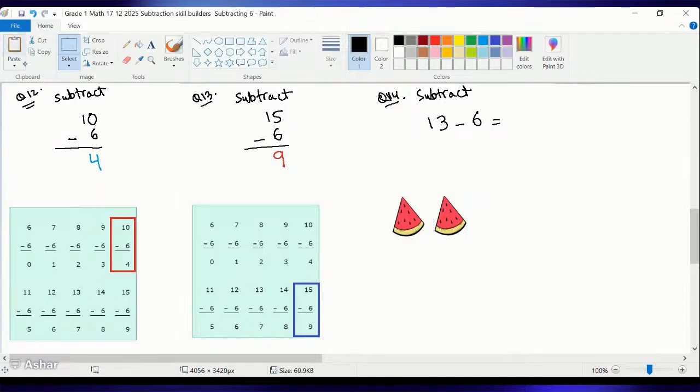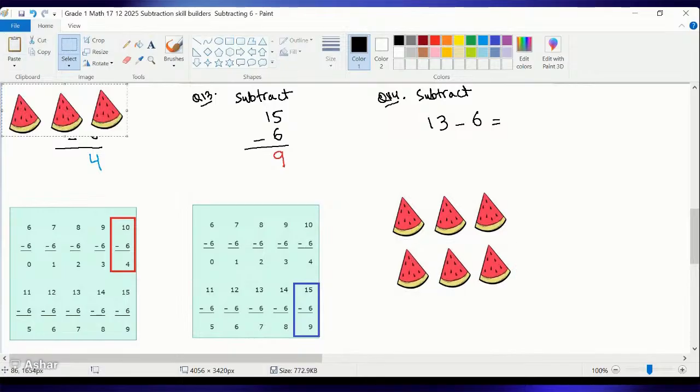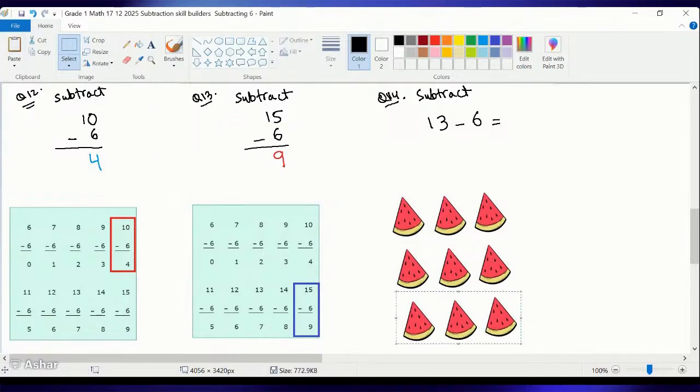We did 3 slices. Okay, I'll just copy those to make our life easy. 3 plus 3 is 6, plus 3 is 9, plus 3 is 12.